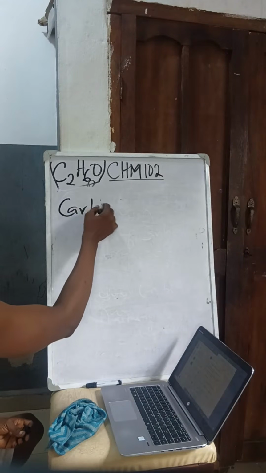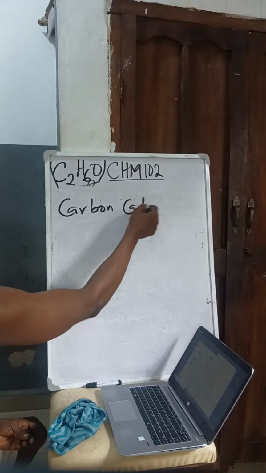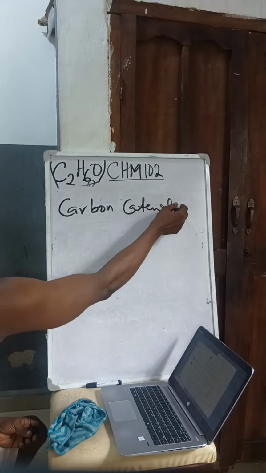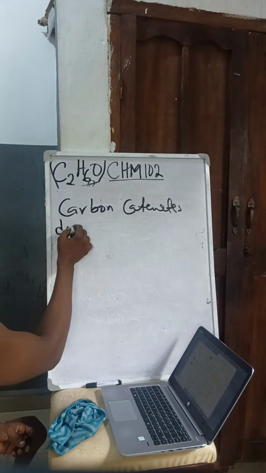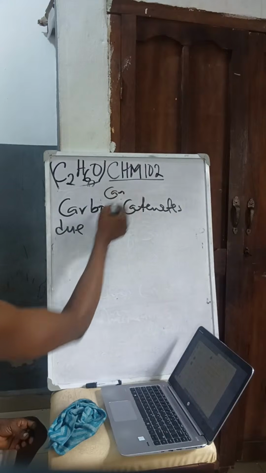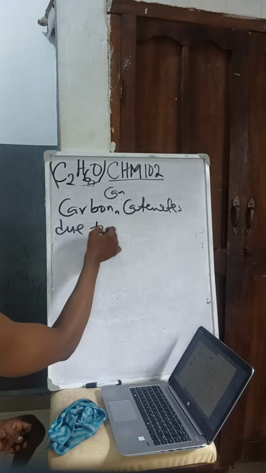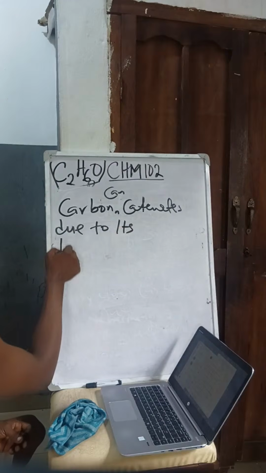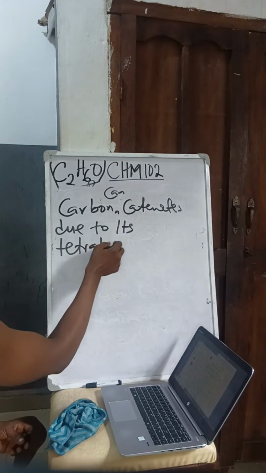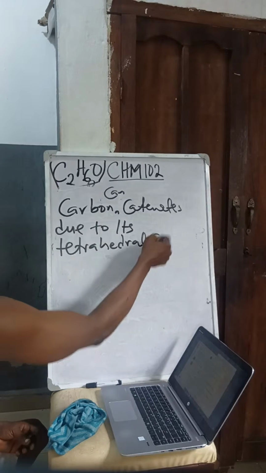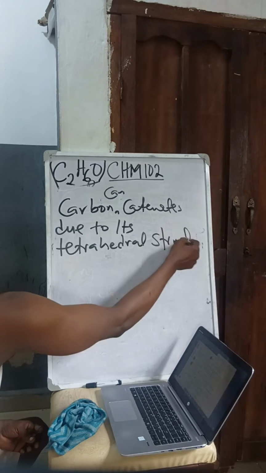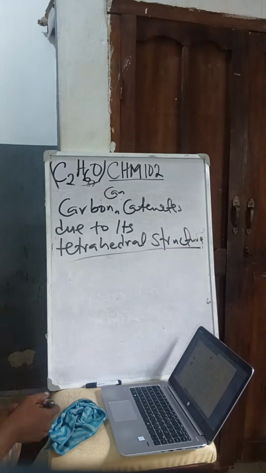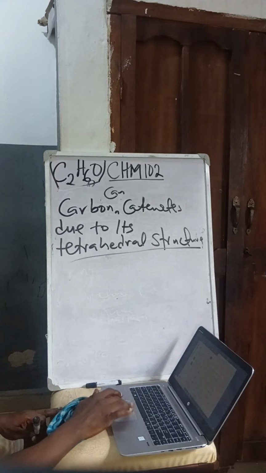Carbon can catenate due to its tetrahedral structure. Who got it?